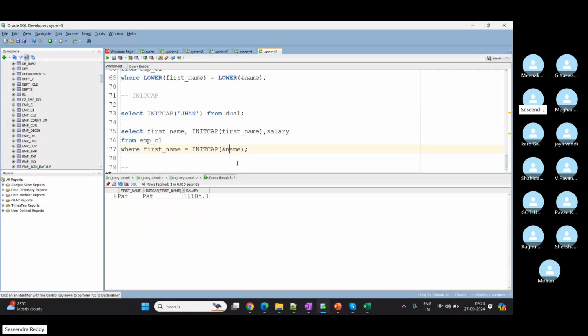We can pass values at runtime by using ampersand.